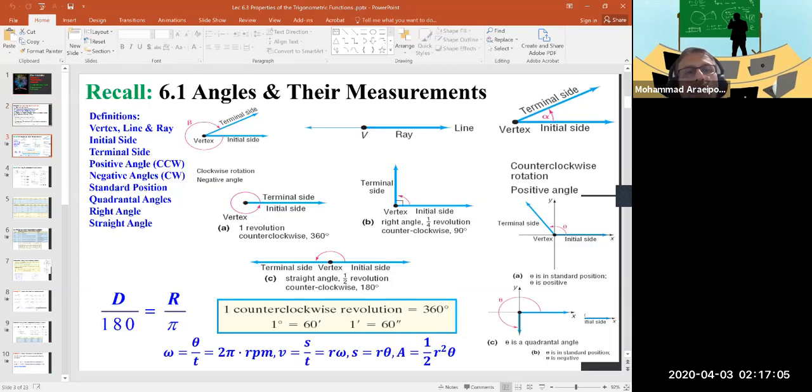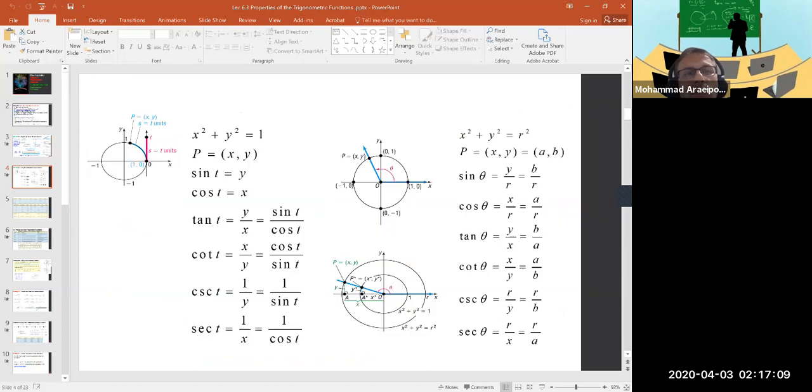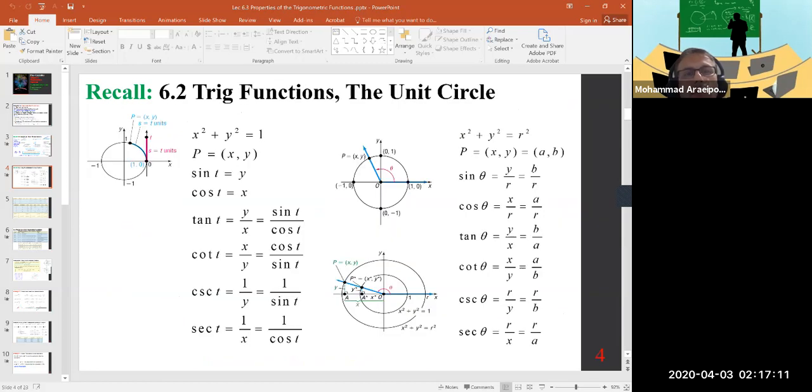So the very first thing, what we covered in the previous 2 sections are here, okay? In the last one, the main idea consists of 2 things. Whether we deal with a unit circle, which is x squared plus y squared equals 1, or x squared plus y squared equals r squared, we should recognize how to calculate trigonometric functions.